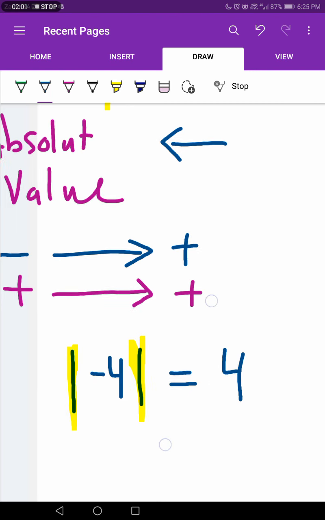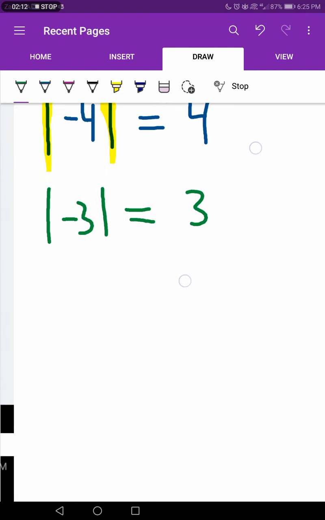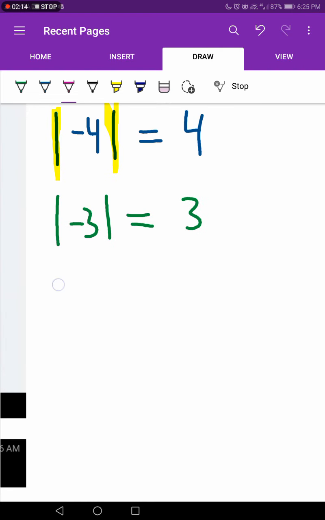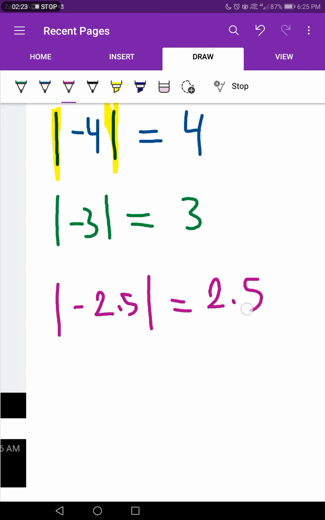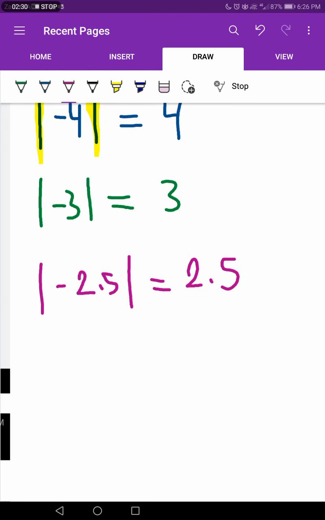Another example, the absolute value of -3 will be 3. The absolute value of -2.5 is 2.5. So that means all the negative numbers become positive numbers, because of the absolute value.